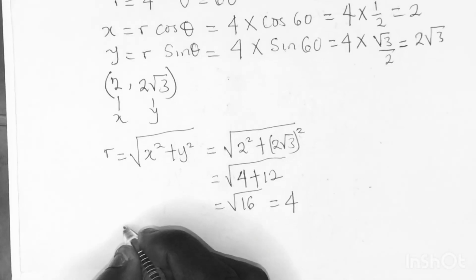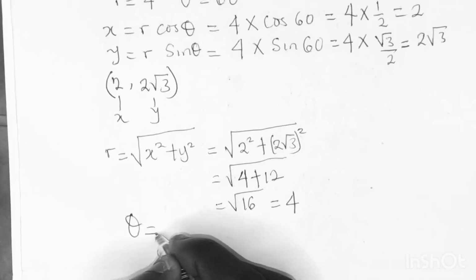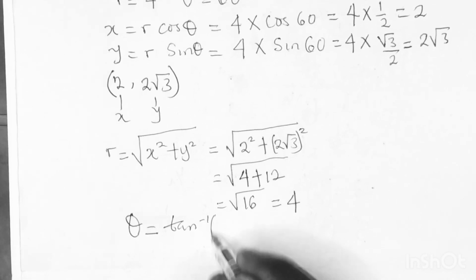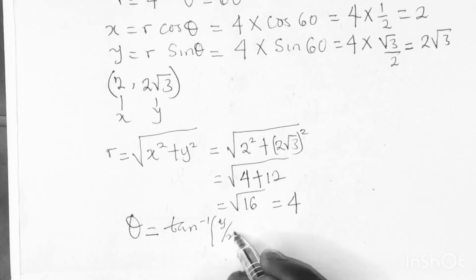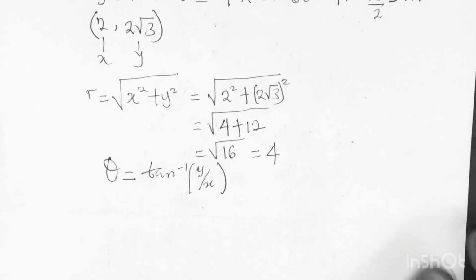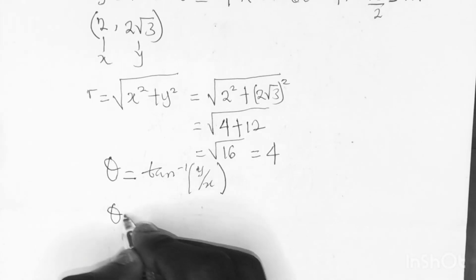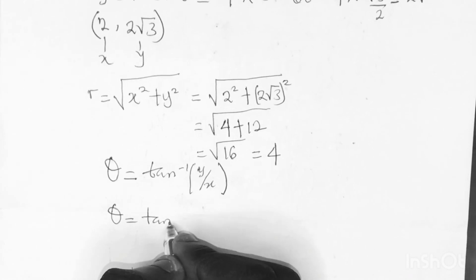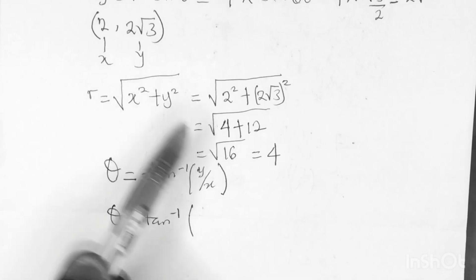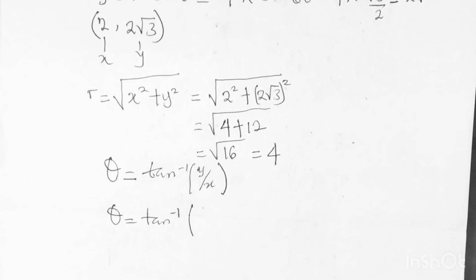To get my theta, don't forget the formula. The formula is the tan inverse of y over x. So theta equals the tan inverse of, what's our y here? Our y is 2 root 3.